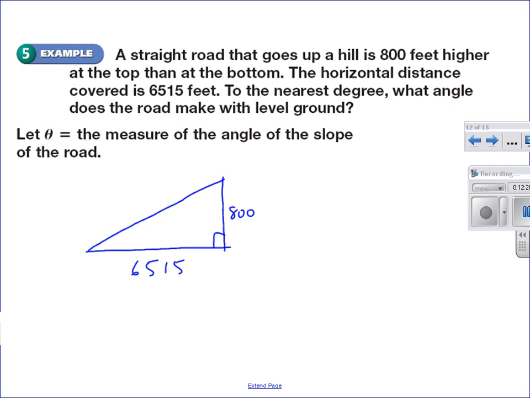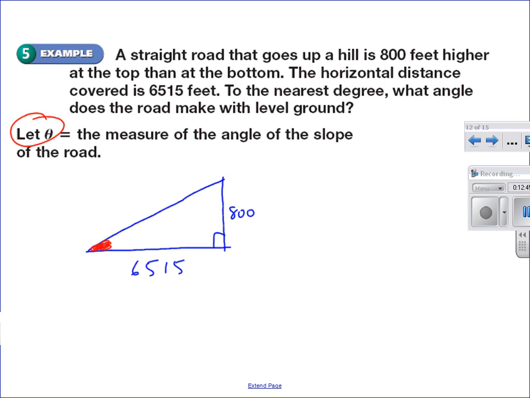Everything's in feet, so that's good. I've got a right angle right there. To the nearest degree, what angle does the road make with the level ground? So right here is what they're asking for. Being able to draw the triangle given the paragraph is a skill. So theta is the unknown angle, right?